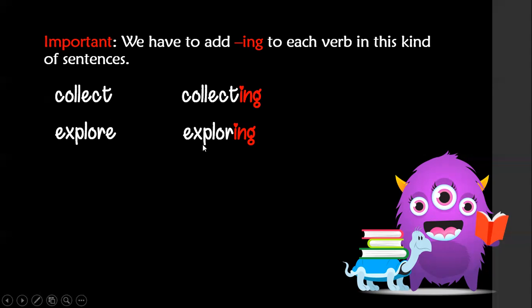We didn't write the vowel E. We delayed this vowel, and we have exploring. We add the ing, we delay the vowel E, and we add the ing. And here we have explore, exploring.